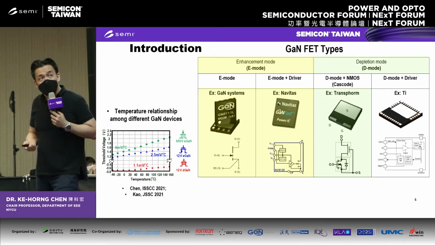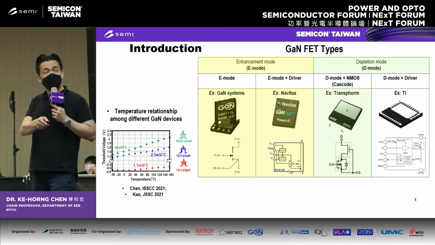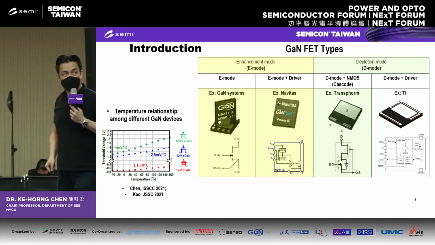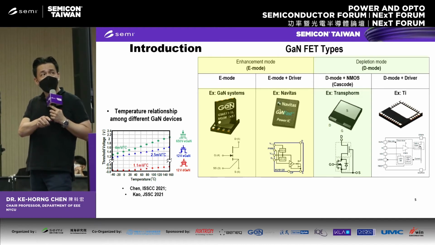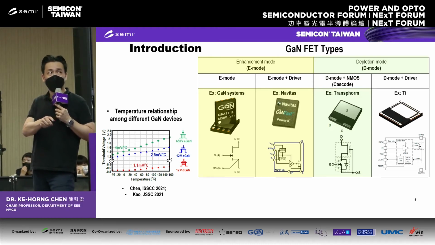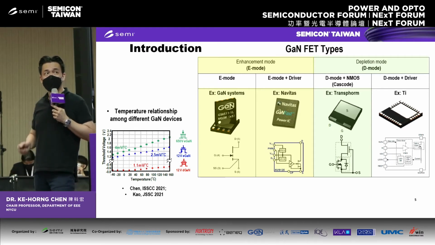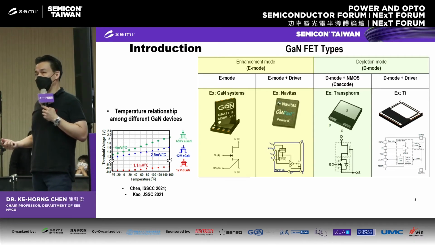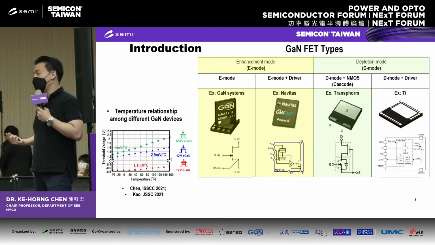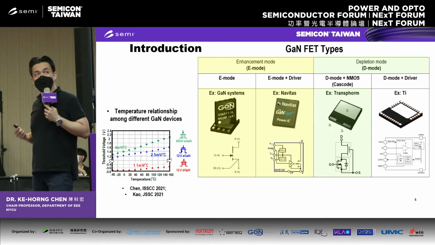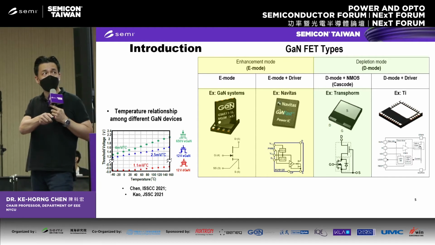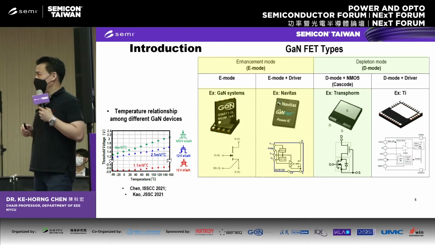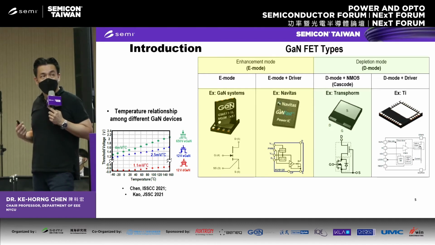If we compare these two GaNs, we can find their temperature coefficients are different. For the eGaN device, the temperature coefficient is higher than that of the dGaN. In other words, if we operate it at high switching frequency and high power, it will cause an increase of the threshold voltage. It may induce abnormal operation or large power loss.